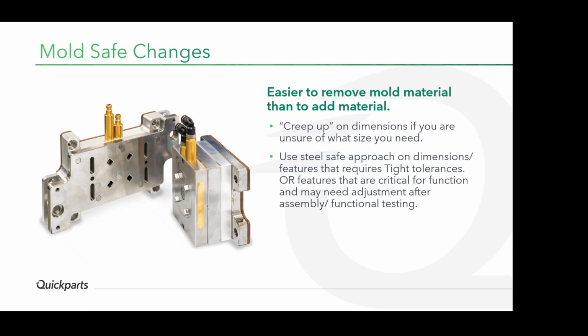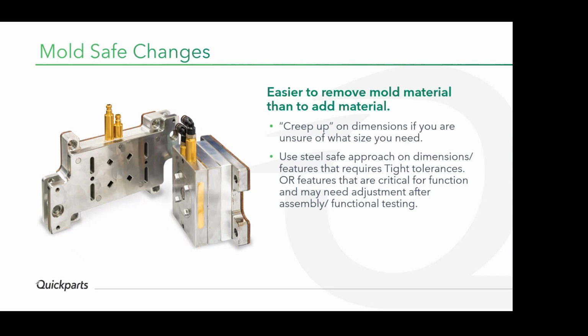Sometimes you need to have certain features kept steel safe. Those features are required to be adjusted depending on the mating part that it is assembled with, or just require tight tolerance because of the function, right?